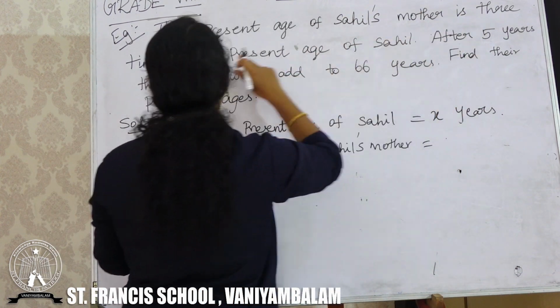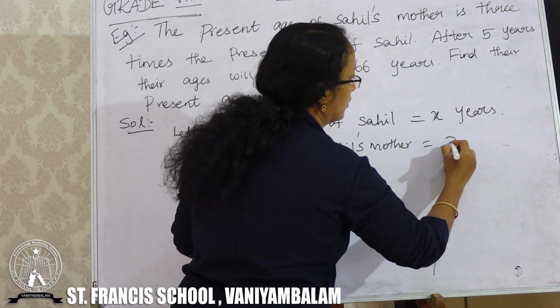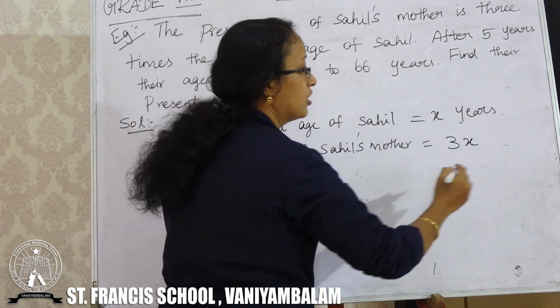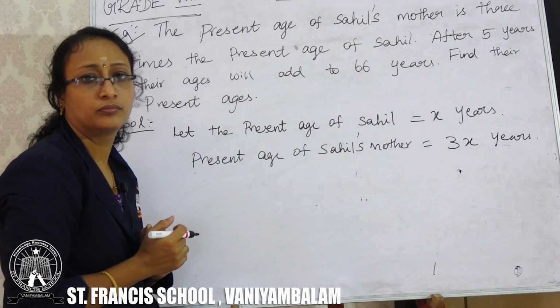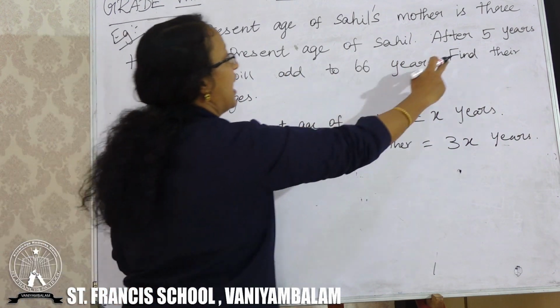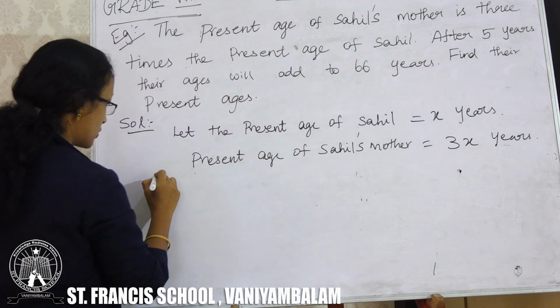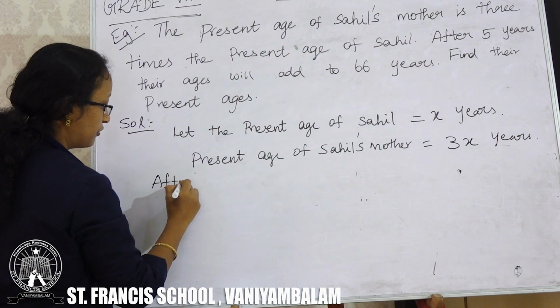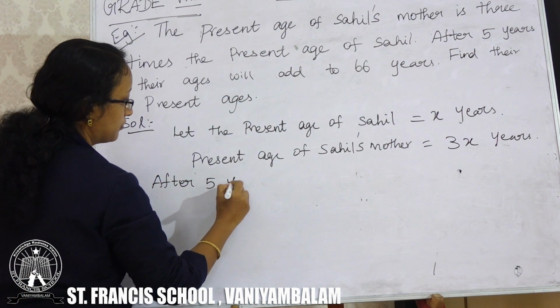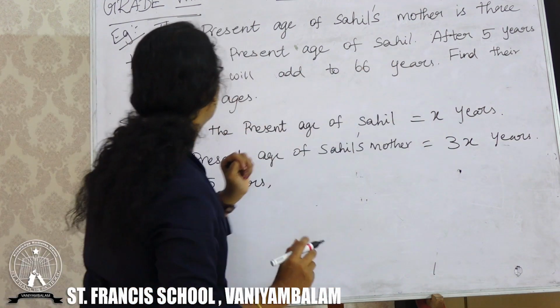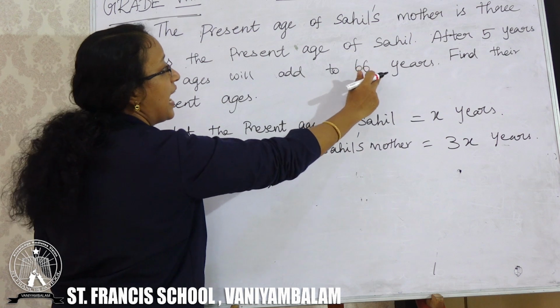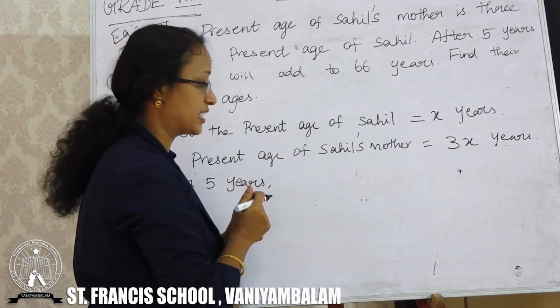It is given 3 times the Sahil's age. So mother's age will be 3x, got it? Next, after 5 years. So write it after 5 years. After 5 years, their ages will add to 66.